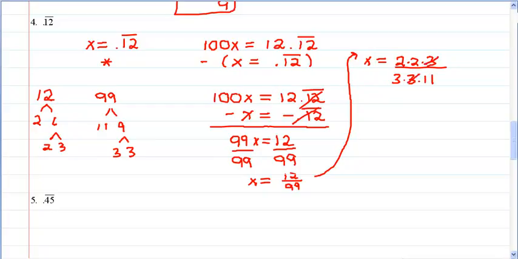The 3's cancel, and I have x is equal to 4 over 33. So always make sure your fraction is reduced, and if you were to take 4 and divide it by 33 by hand or on your calculator, you would get the decimal 0.12 repeating.